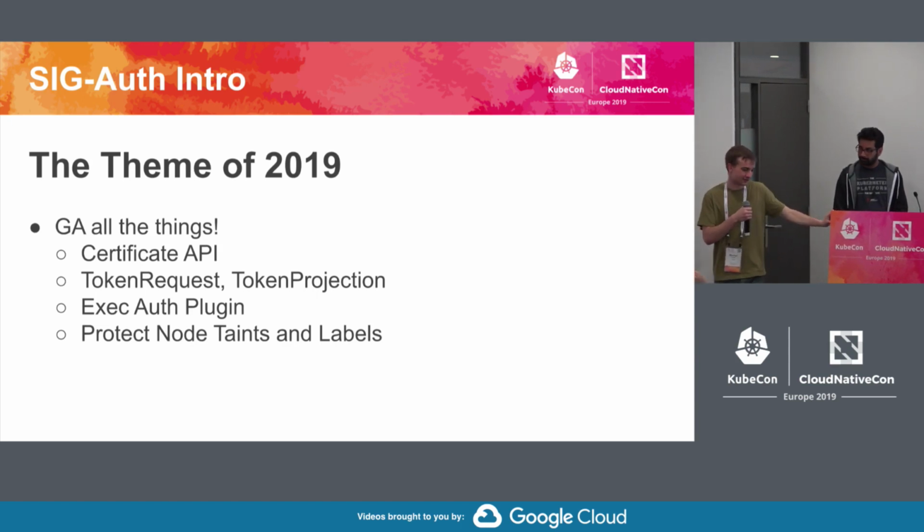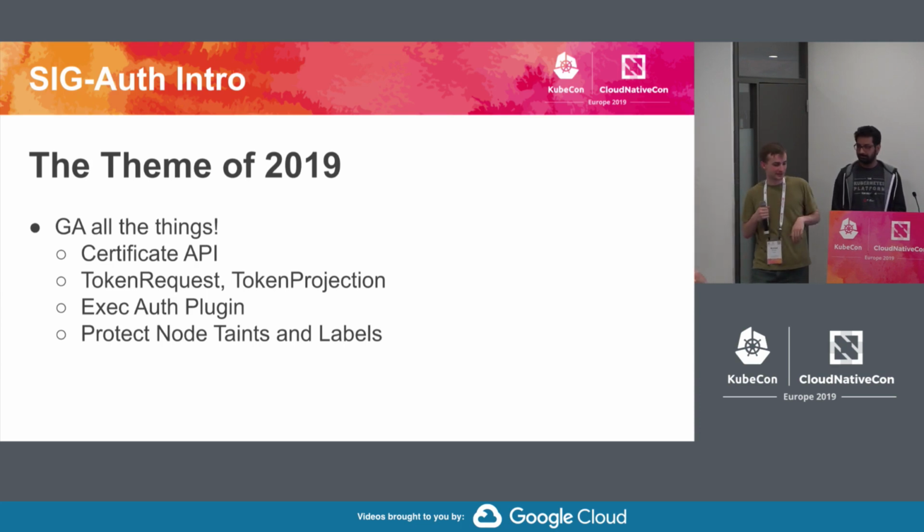The exec auth plugin provides an API where kubeconfig clients, such as kubectl, will exec a binary, and that binary will output a token, and that token will be used against the API server. So as part of the code organization effort, we think it's a really important feature to get to GA so that we can start to move these plugins out of the tree.